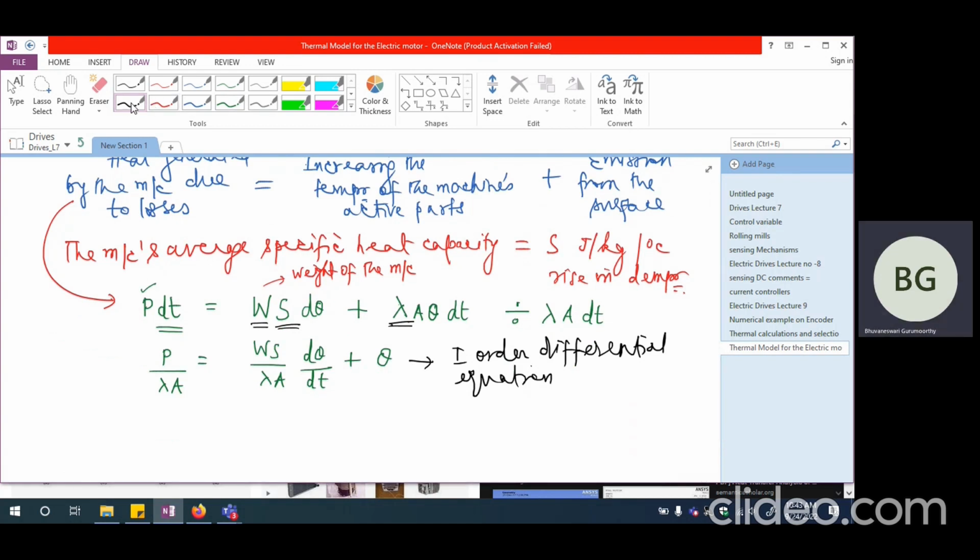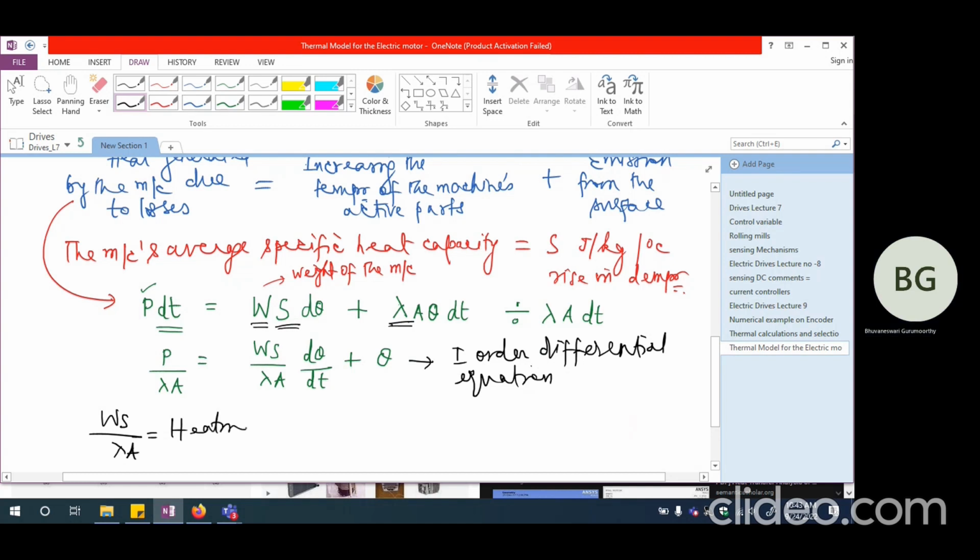So now we are going to call this Ws by lambda A as heating time constant of the machine, which is going to be tau h. So this is going to be the heating time constant of the machine.